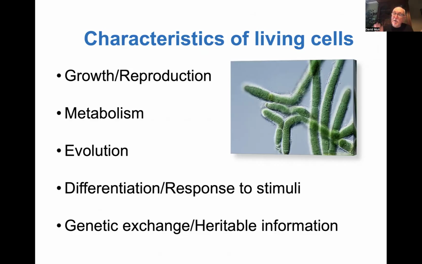But even in prokaryotes, we've already seen there is a degree of genetic exchange. But all living things produce heritable information. They essentially produce a copy of all of their genetic information to pass on to their progeny. That is not always that accurate. That is why evolution is actually able to occur.